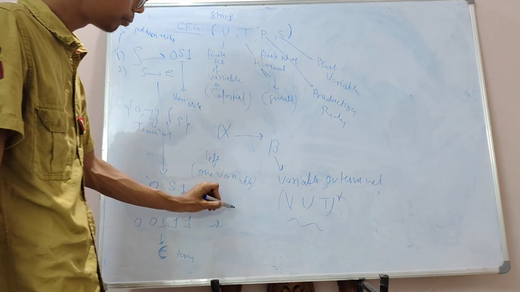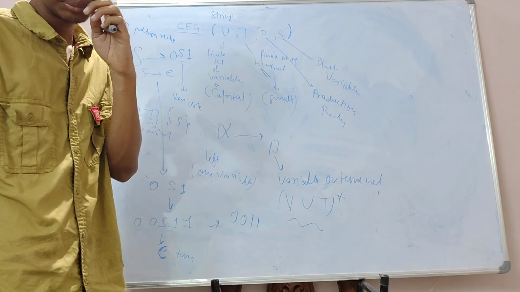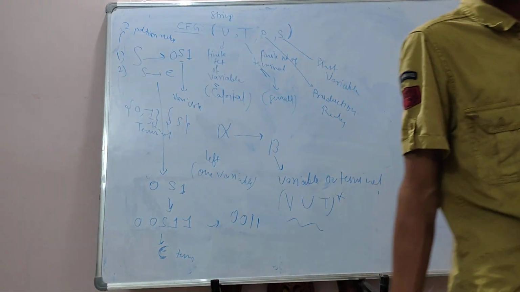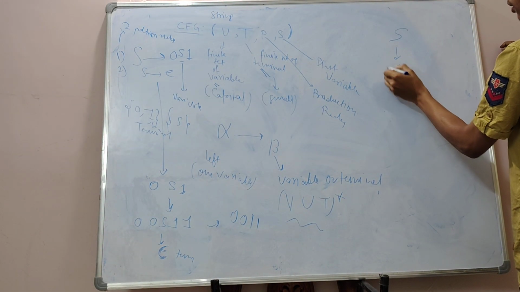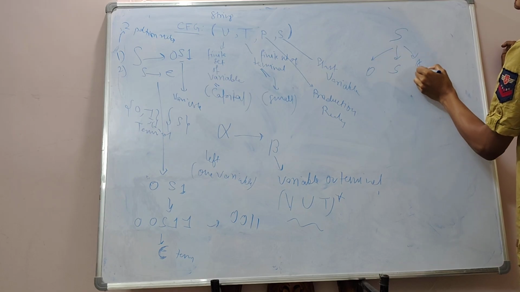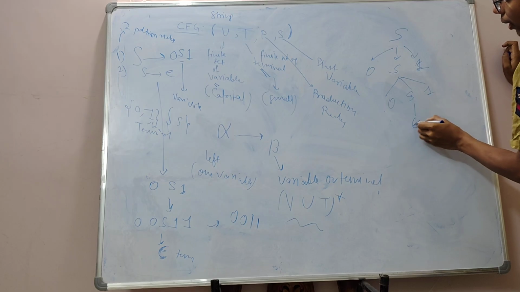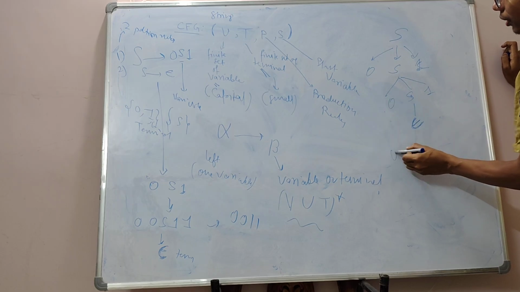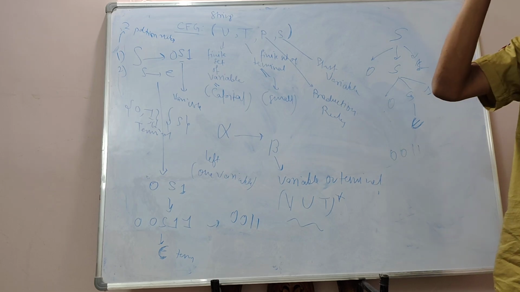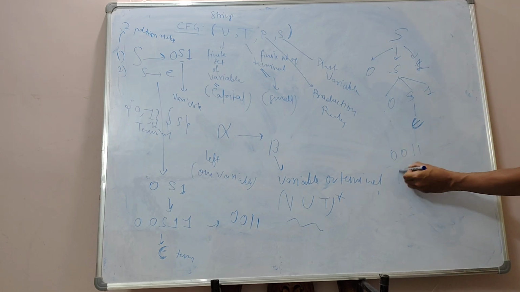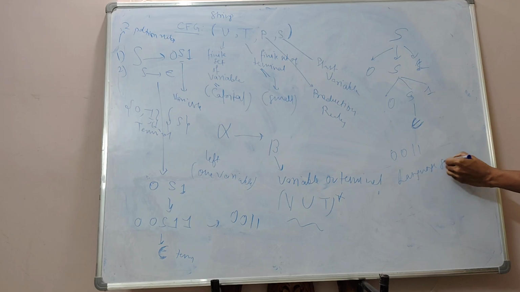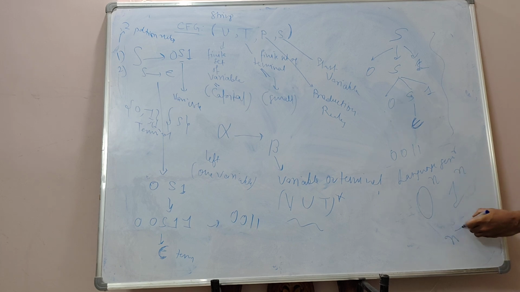So I will get 0011. In the form of a tree it can be represented as S giving 0S1, this S giving 0S1, and this given by epsilon. So it will ultimately be 0011. And the language generated with the help of this grammar will be 0 to the power n, 1 to the power n, where n is greater than or equal to 0.